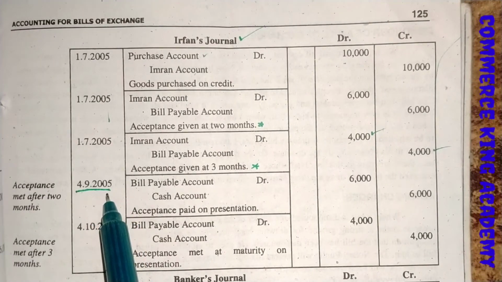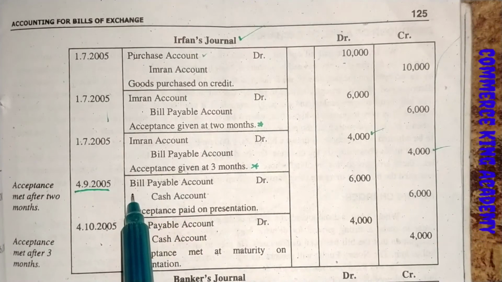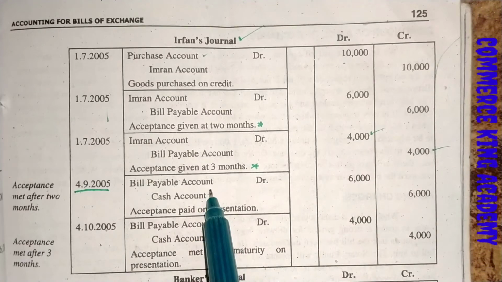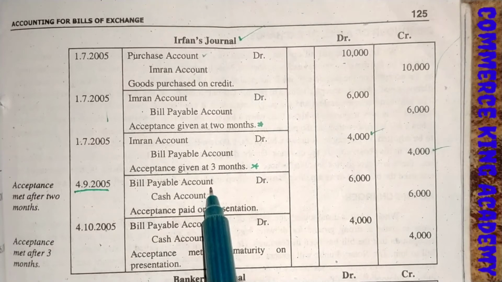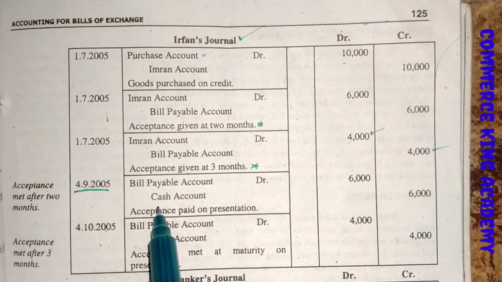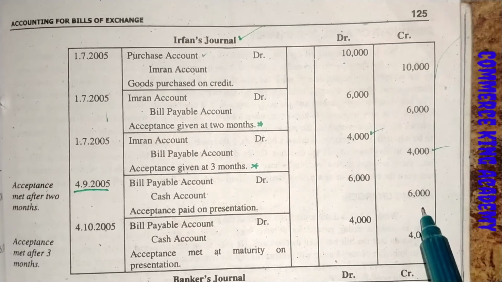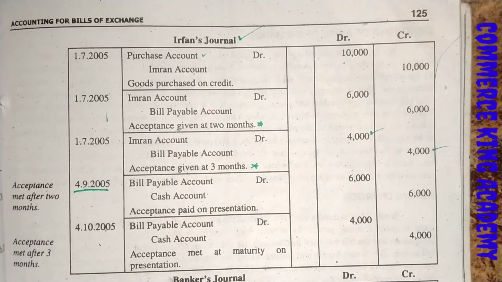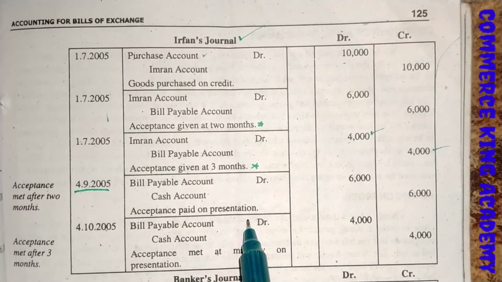He makes an entry of just paying the bills payable. So the entry will be bills payable account debit, because a decrease in liability will be debit in the language of accounts, amounting to 6,000 rupees, and cash paid, a decrease in asset, will be credit, amounting to 6,000 rupees. With details and description: acceptance paid on presentation of bill of exchange from bank.